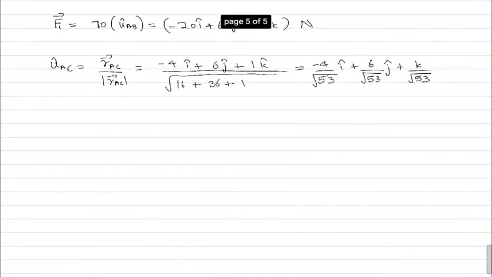Once you have that, to find the component of F1 along AC, you just have to find the projection.